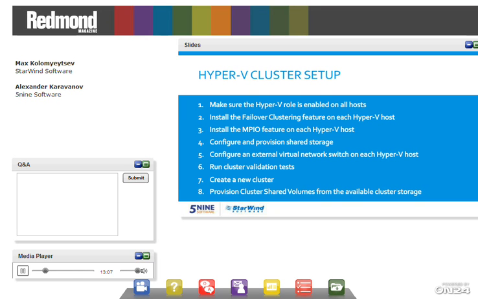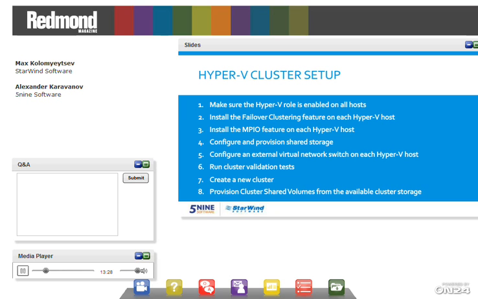Why not? Sure. So step number 4 is configuring and provisioning our shared storage. In case you have a dedicated SAN, this is the most convenient time to carve out those LUNs on the hardware SAN and present them to the Hyper-V hosts.